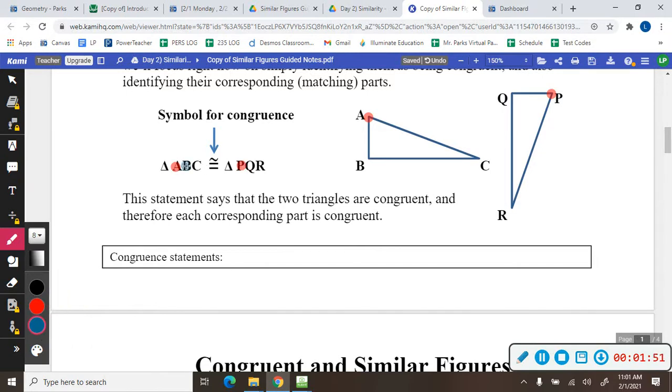Angle B is equal to angle Q, because they're in the same spot. And angle C is congruent to angle R because they are in the same spot. So that's one way you can find congruent angles.